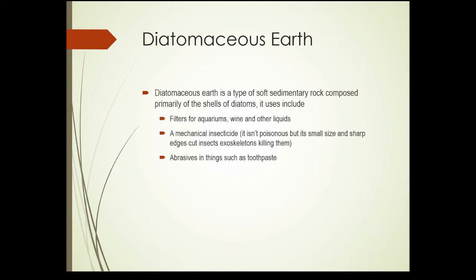A mechanical insecticide, diatomaceous earth, has these sharp edges of the crushed silicon shells, or frustules, that get picked up on the insects, ants or roaches or whatever, and it can cut their exoskeletons, causing them to die.